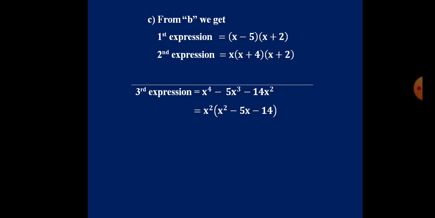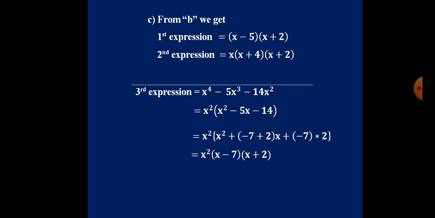Now you can see that minus 5 can be written as minus 7 plus 2, and minus 14 can be written as minus 7 times 2. So you can see this also fits into the identity of x plus a times x plus b. So the final result is x squared times x minus 7 and x plus 2.